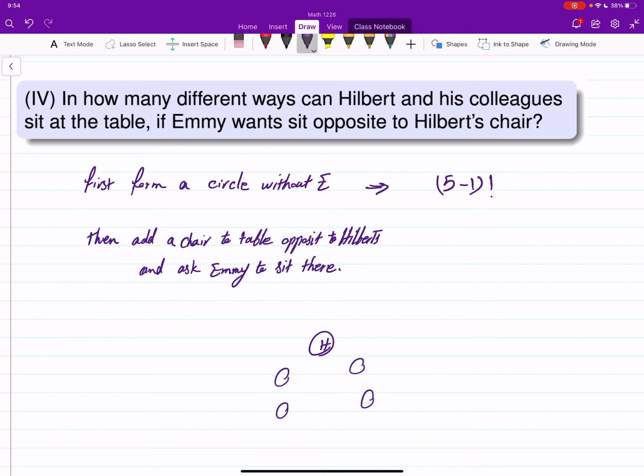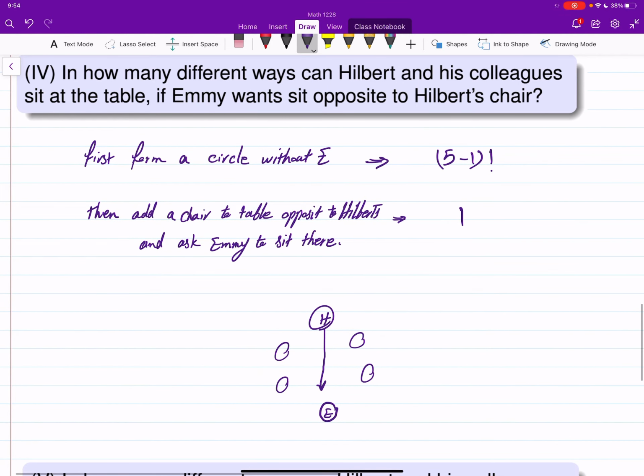Now there is only one way to fix that opposite seat, and Emmy is going to sit there. There are no other possibilities. So by the fundamental counting principle, the total number of ways is going to be 4 factorial, which is what we found, times 1, and that will give us 24 cases.